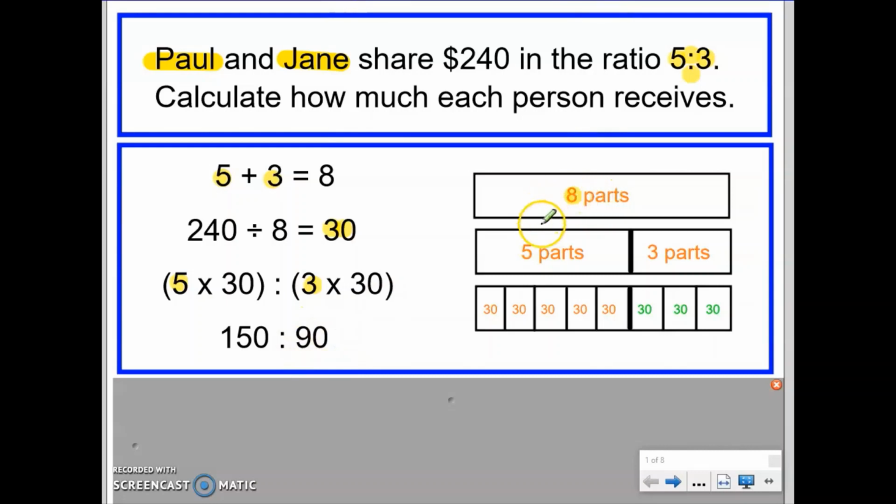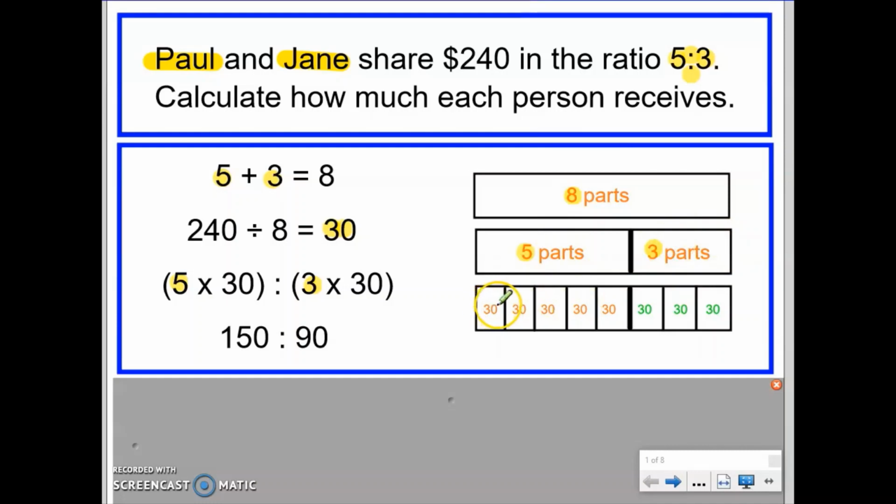You can see how it's explained visually here. This is the full ratio I'm dealing with. If I split the 8 parts into 5 parts and 3 parts, this is Paul's section and this is Jane's section.